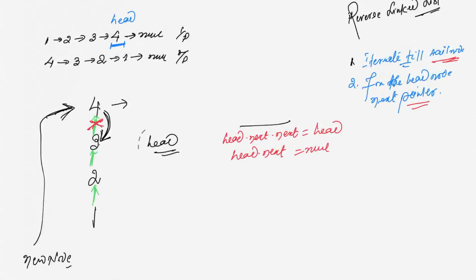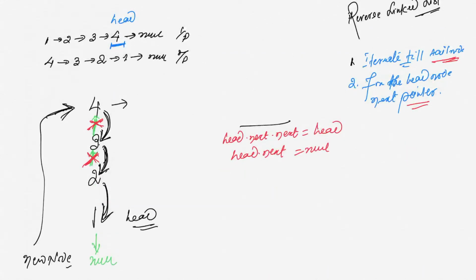Similarly, when the head reaches 2, 3's next is going to point to 2, and we make 2's next null. Then once the head moves to 1, head dot next is 2, so 2 is going to point to 1, and we make 1 point to null.